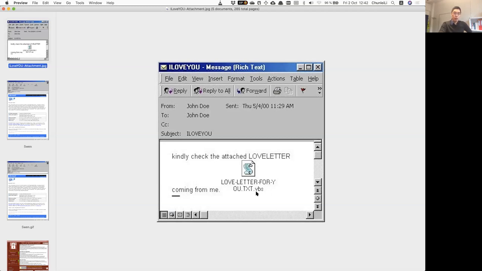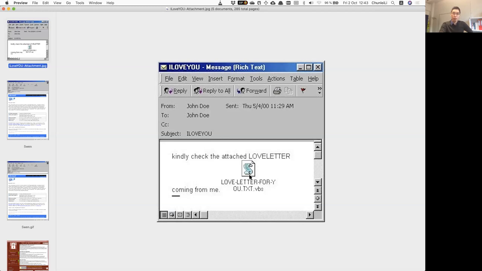So what is displayed to the user is love letter for you.txt, and the real suffix, .vbs, was hidden. It caused many users to click this love letter out of curiosity to see what the text was.